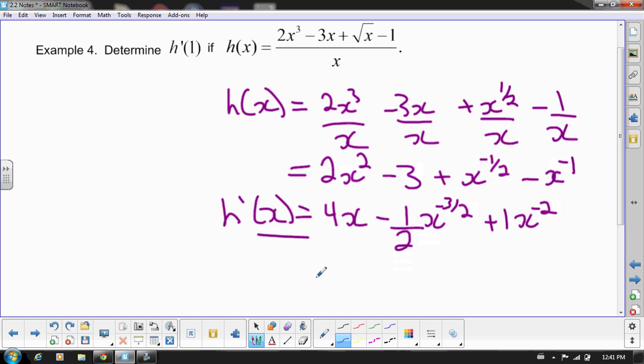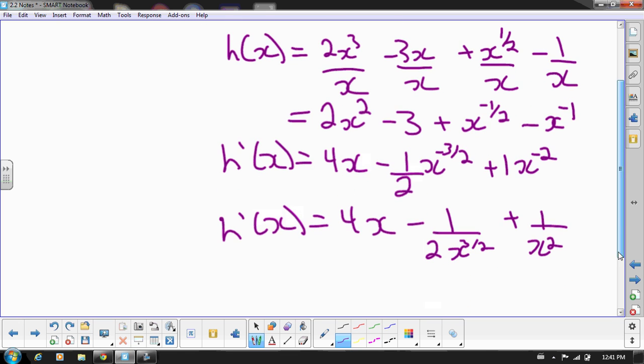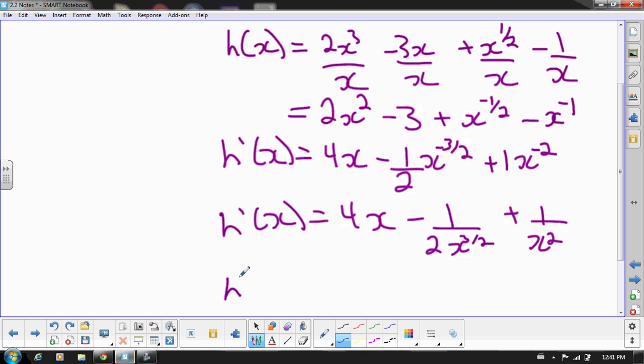Before I substitute in, I am going to simplify it again. So we get 4x minus 1 over 2 x to the 3 over 2 plus 1 over x squared. Now that our derivative is fully simplified, I can substitute in my value of 1.